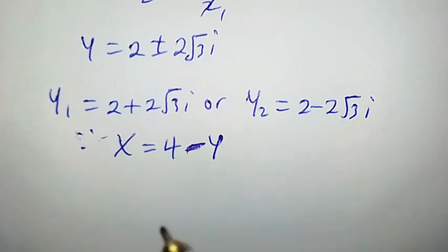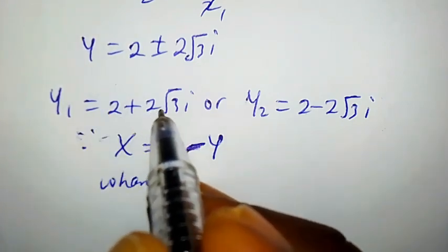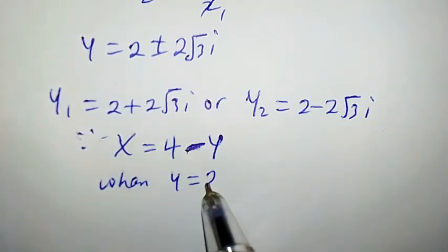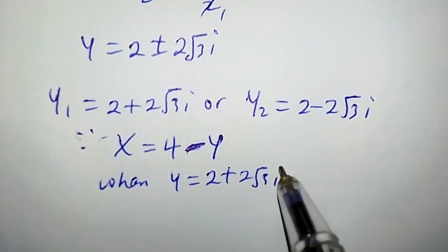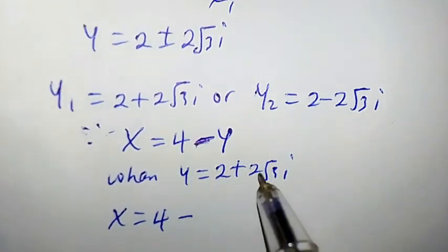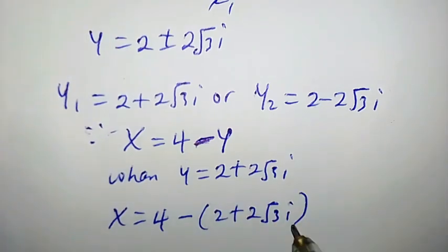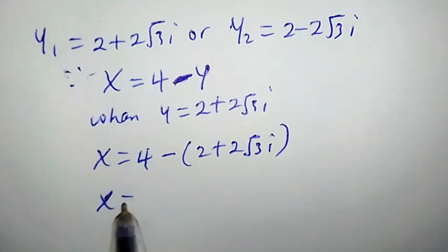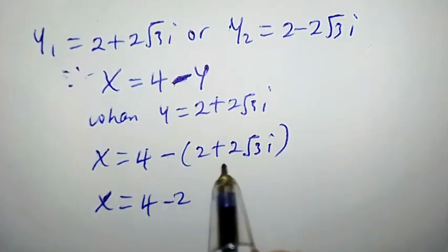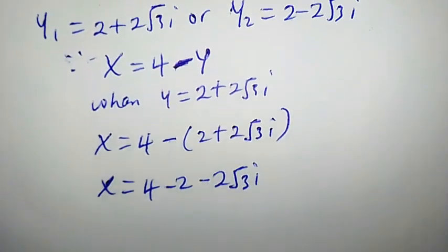When y equals 2 plus 2 root 3i, x equals 4 minus this guy, 2 plus 2 root 3i. x equals 4 minus times 2, that is negative 2, minus times 2 root 3i, that is negative 2 root 3i.